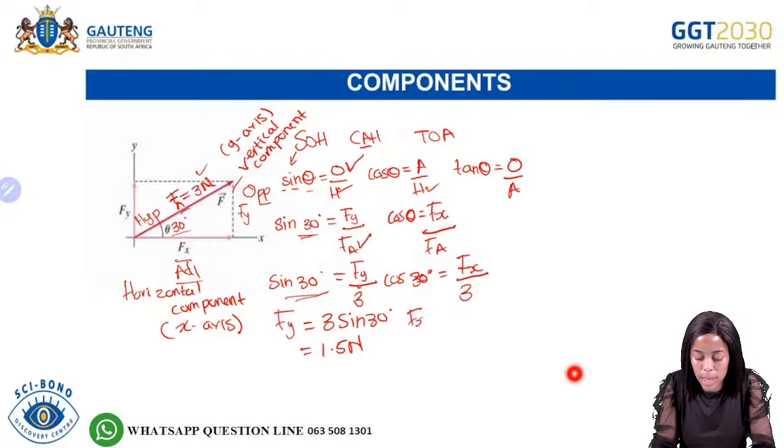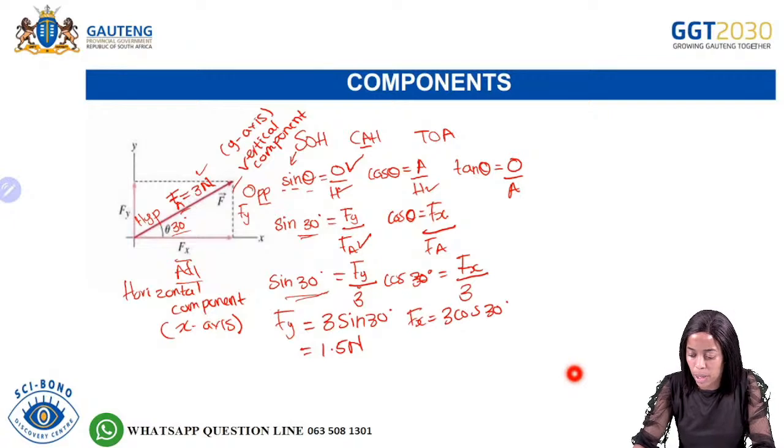So from there we are able to calculate the Fx, and it will be equal to 3 cos of 30 degrees. And this one gives me what?